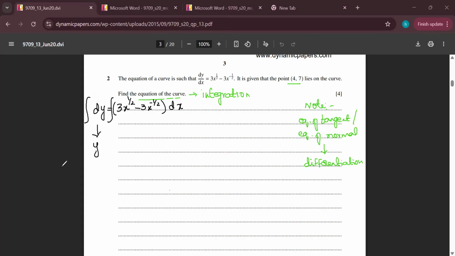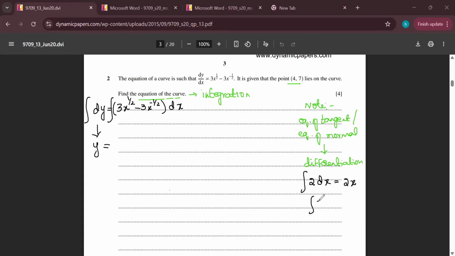Now some children ask this common question, how has it become y? So remember one thing, if it is written only 2 dx, look, 2 is written. 2 is a number, right? So in integration, what we do, we add 1x. So it will become 2x.